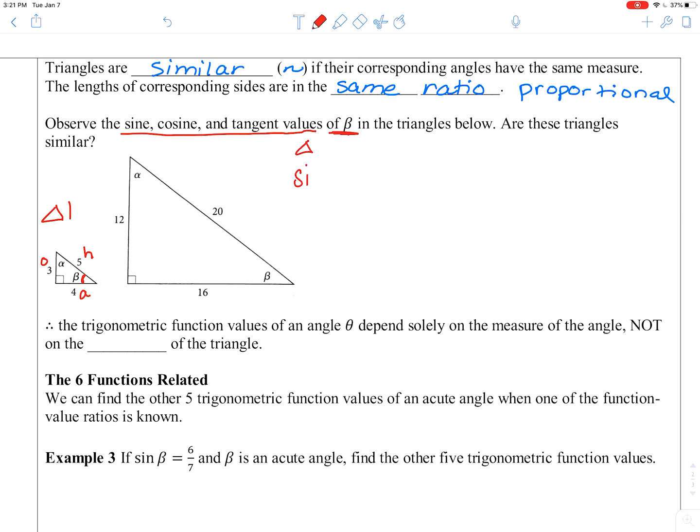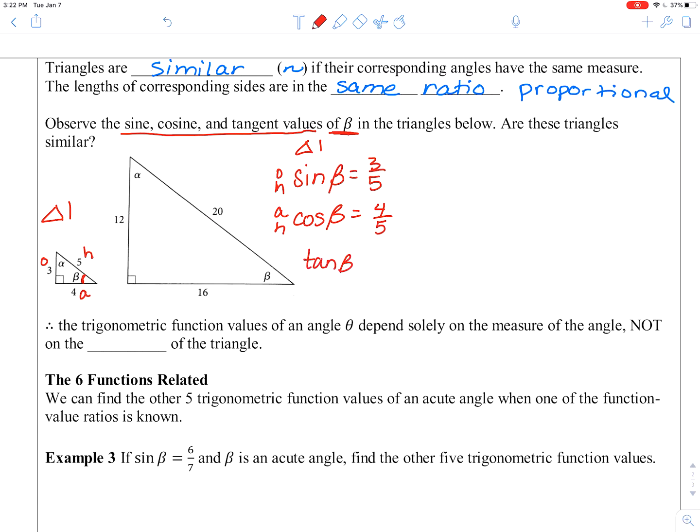So if I'm looking for triangle 1, the sine of beta, sine is OH for SOHCAHTOA, so O is 3 and H is 5. We also have to do the cosine of beta per the instructions, A over H. So A is 4 and H is 5.